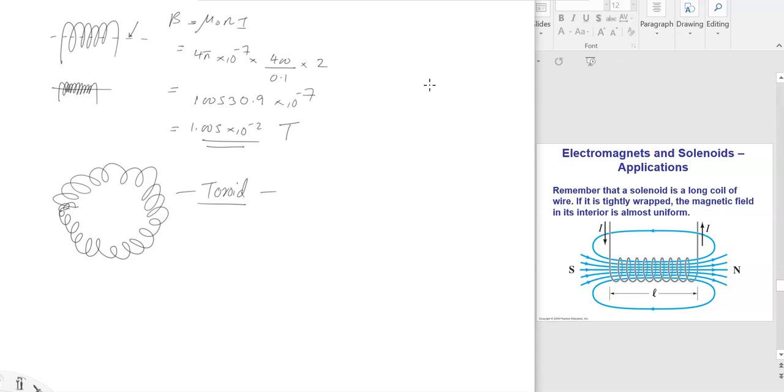So if you look at this, you see that the way the current rotates, you have to place your fingers pointing to yourself, right? And the thumb points to the right. So it is something like this.